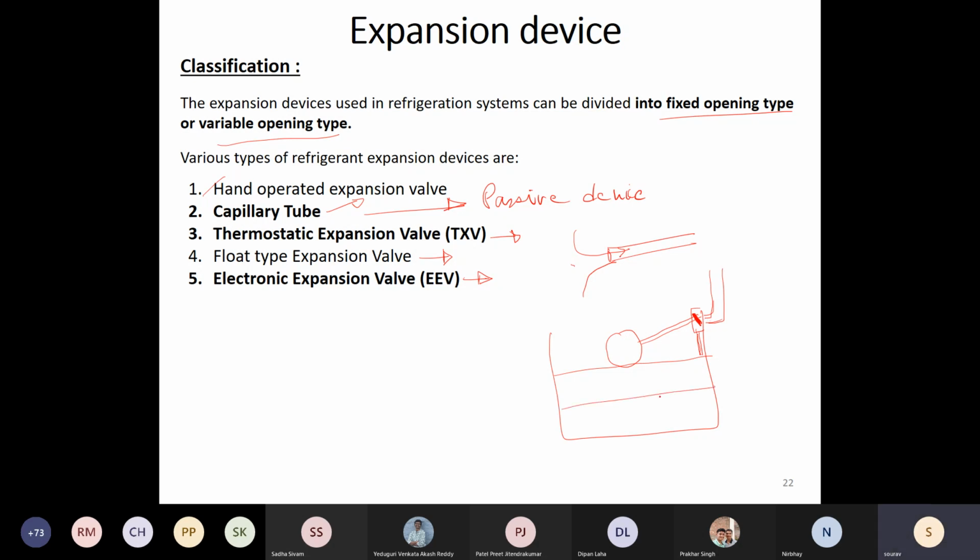When it is at this location, this will be fully open, so it will allow all the water from the overhead tank to fall. As it comes up, it will partially close, and when it is beyond a certain level, it will fully close this valve. Okay, so this is a float type valve.